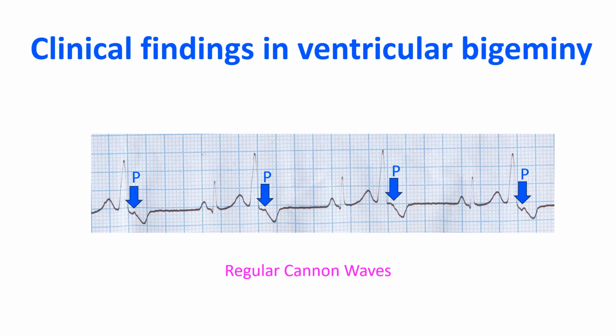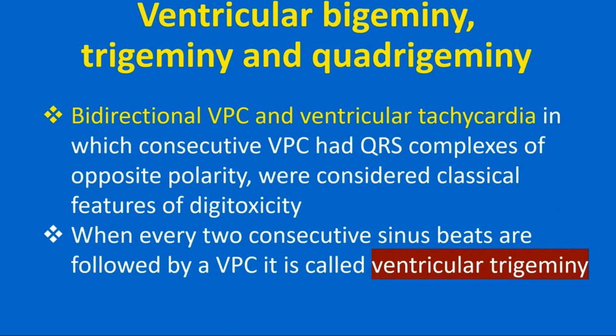Ventricular premature beats are the commonest cause of a cannon wave as they are much more frequent in incidence than complete heart block, which is the more well-known cause for cannon waves in the jugular venous pulse. Bidirectional VPC and bidirectional ventricular tachycardia, in which consecutive VPCs had QRS complexes of opposite polarity, were considered classical features of digitalis toxicity.